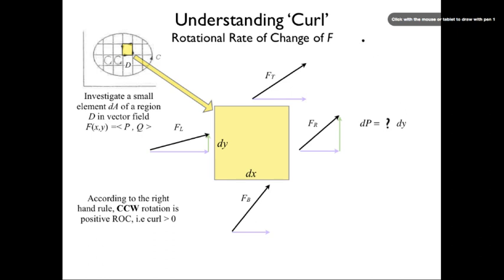Remember our old rate of change, dy equals m dx. So what is the rate of change that tells us how much P changes for a change in Y? P of ft minus P of fb. So what's the rate of change that gives us how much change in P we have for a change in Y?